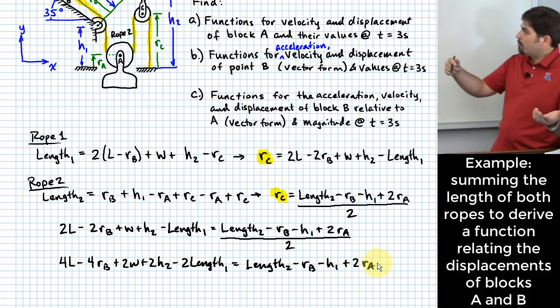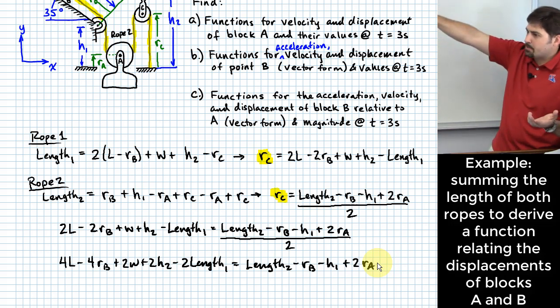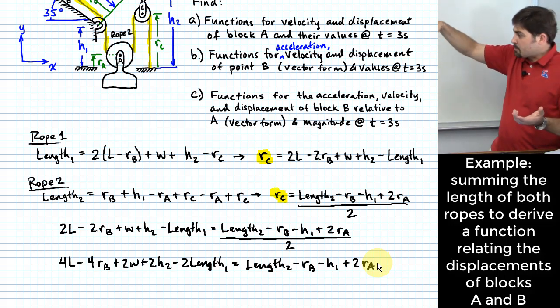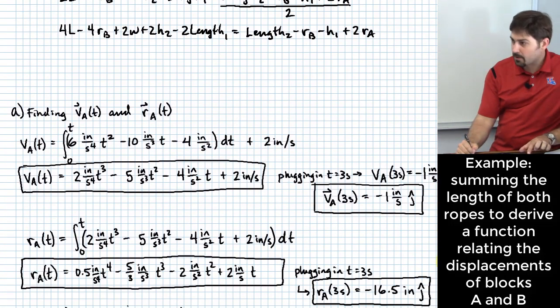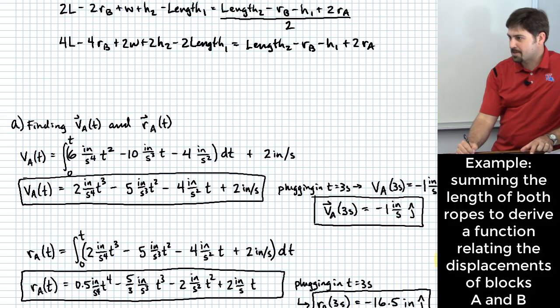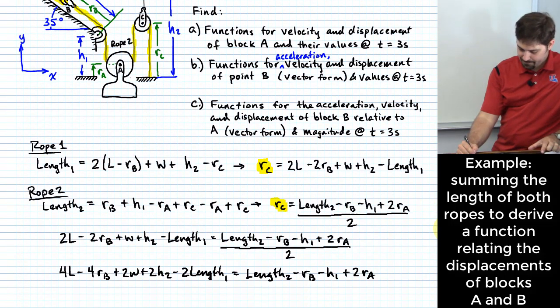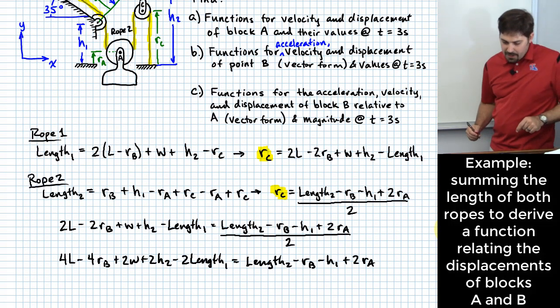So if I want RB to get part B of this problem done, I need to express it in terms of RA that I just did all this work to find these functions for, right? If I can get one expressed in terms of the other, then I'm good to go. All right, so I need to solve for RB.